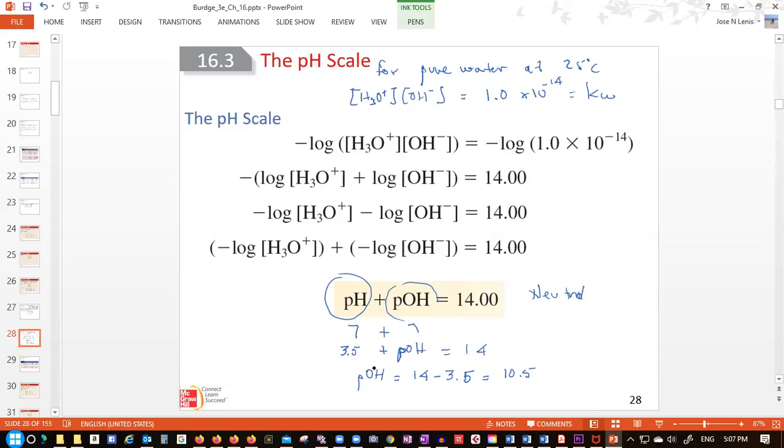From here, you can find the concentration of OH minus. Or you can find the concentration of H3O plus, which will be 10 to the negative 3.5.